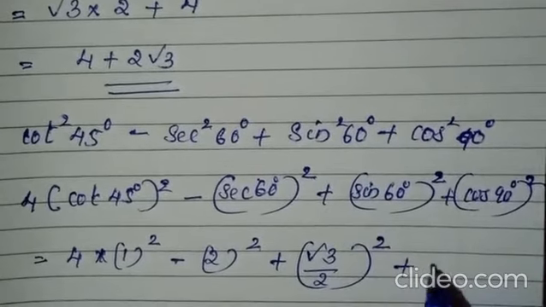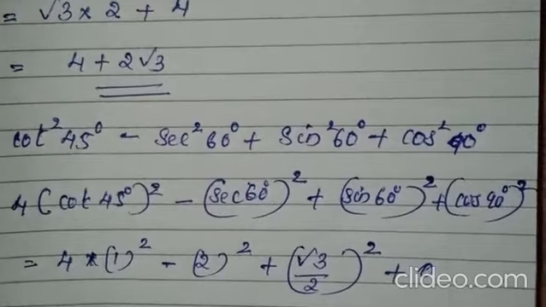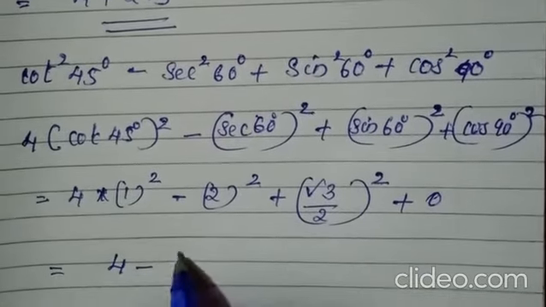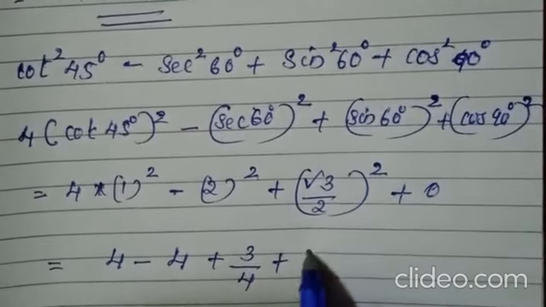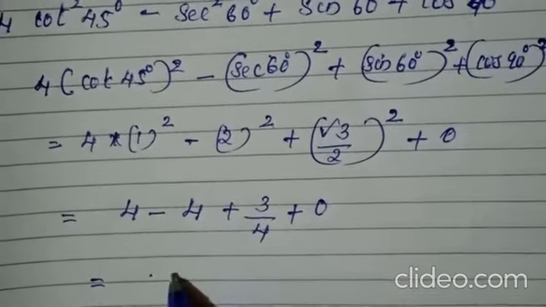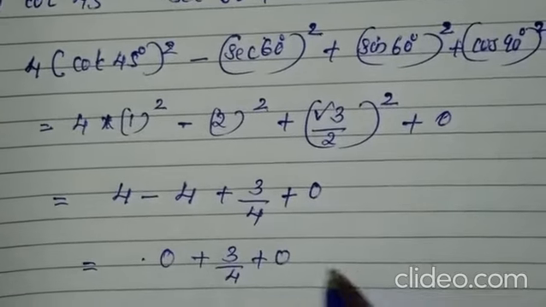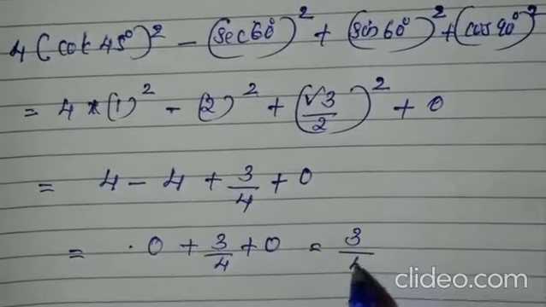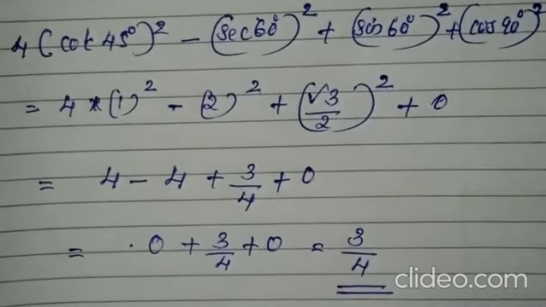Plus cos square 90 is 0. So, 4 into 1 square 4 minus here 2 square 4 plus 3 by 4 plus 0. So 4 minus 4 0 plus 3 by 4 plus 0. So the final answer is 3 by 4. In this way we are evaluating. Understood?